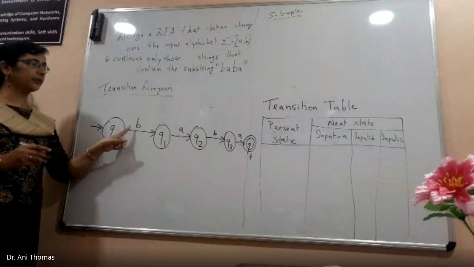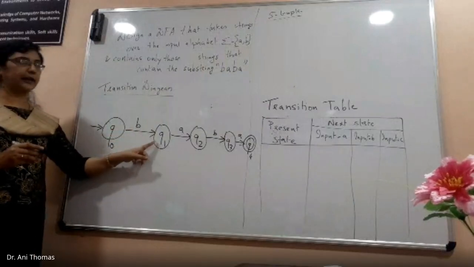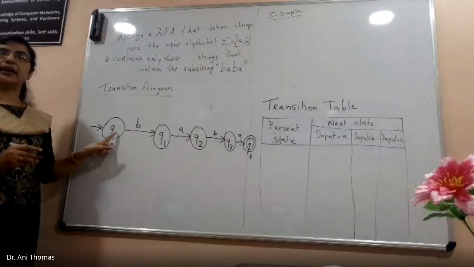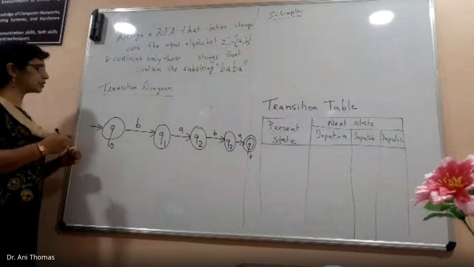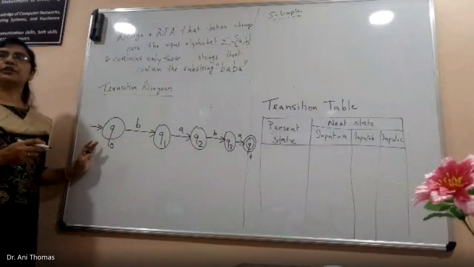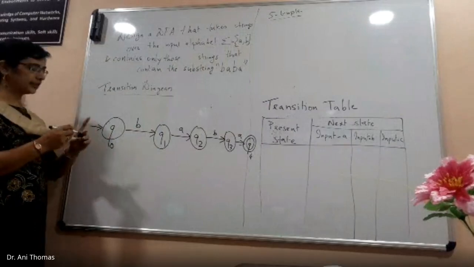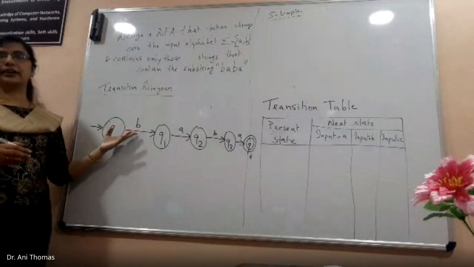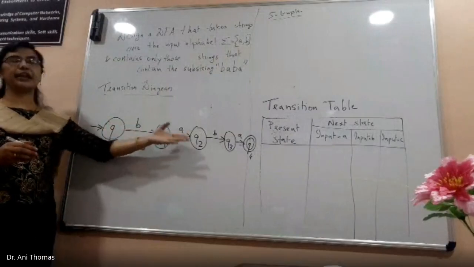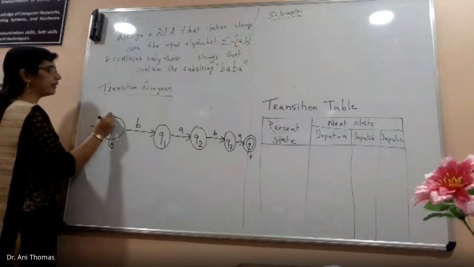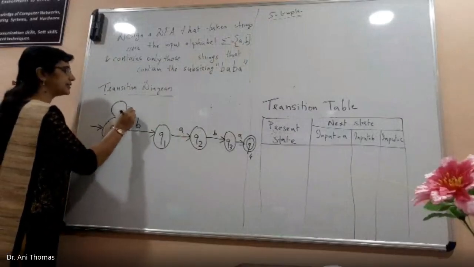So we see that B we have put to Q1, but from Q0 one more transition has to go. What is that? A. The transition for input A. For the best design of the DFA, we should put the transition to the nearest state, and since it should contain the BABA substring, before that BABA you can have any number of A's.